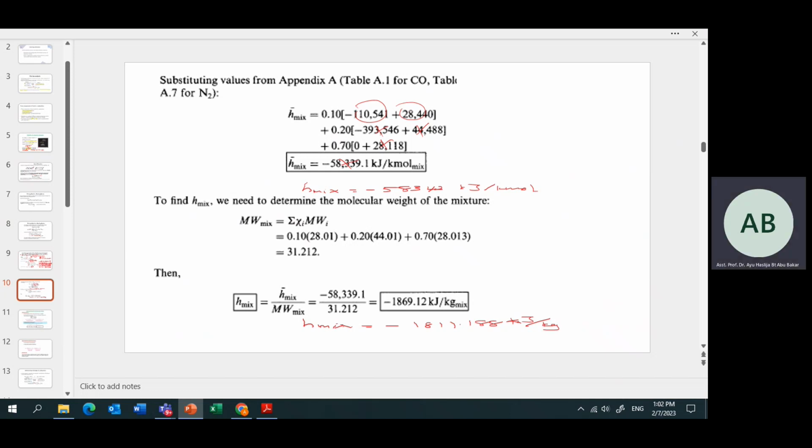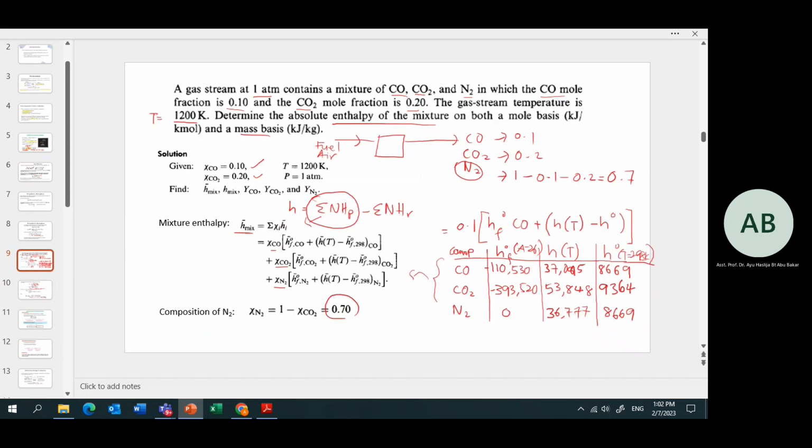You should be getting around negative 5834.2 kilojoule per kilomole.